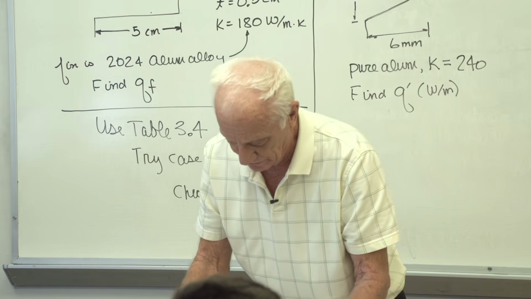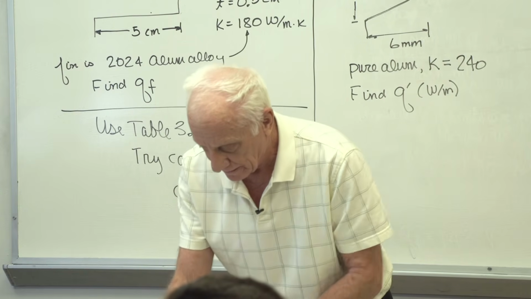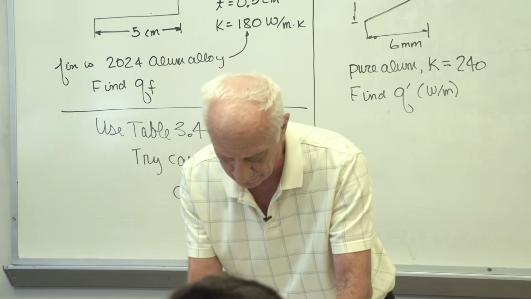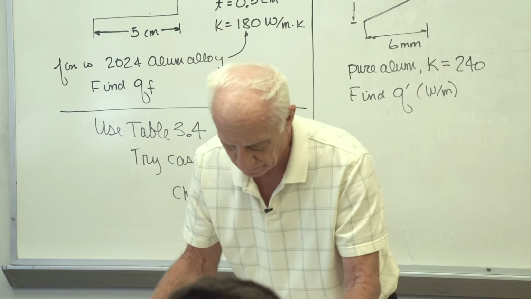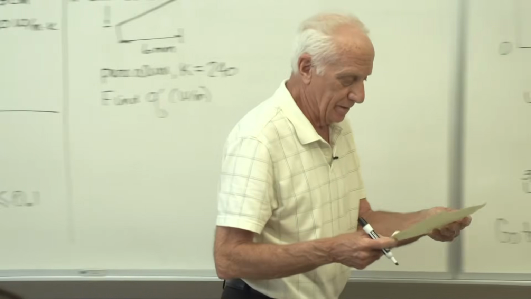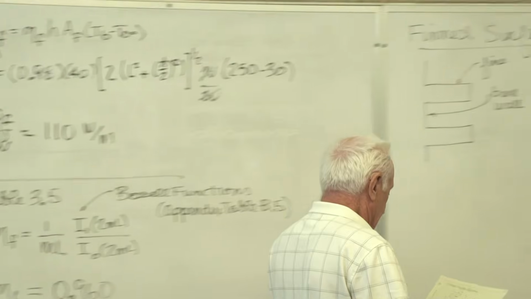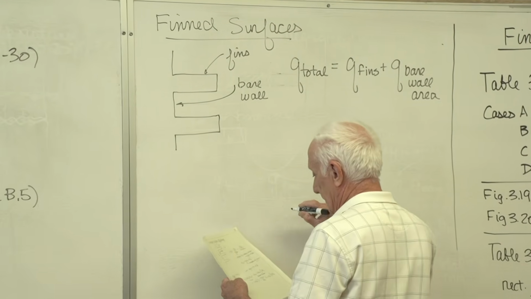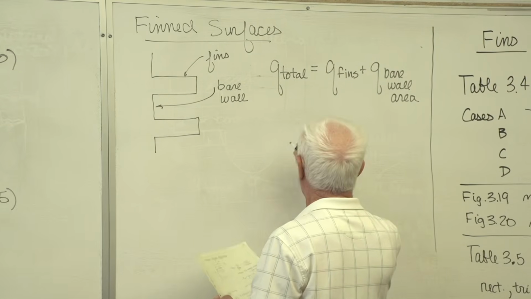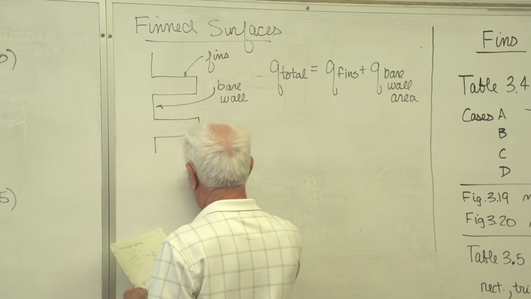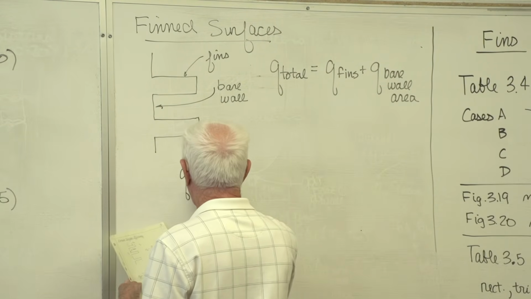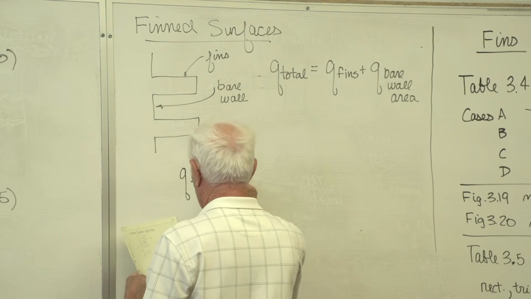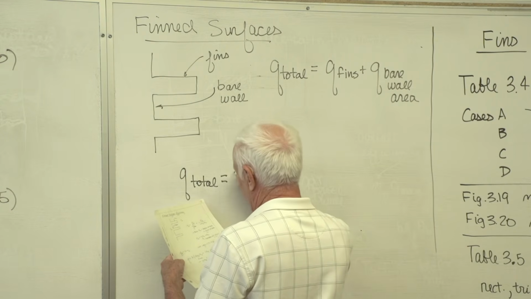What you want to do then, let's put the actual equations down for you. So you can define something, let's put this down here as Q total. And I'll define it in just a minute.